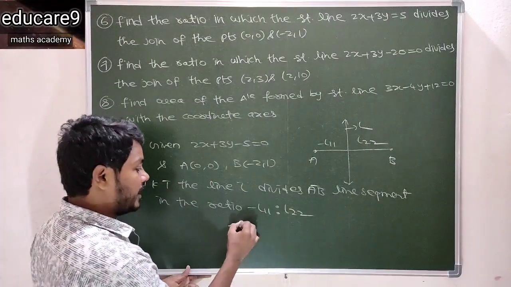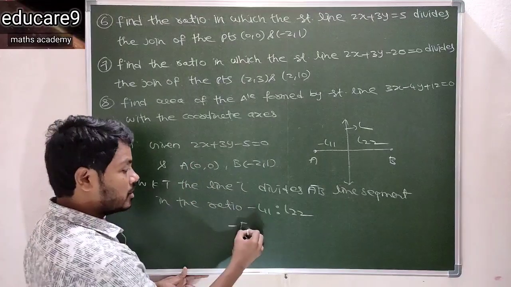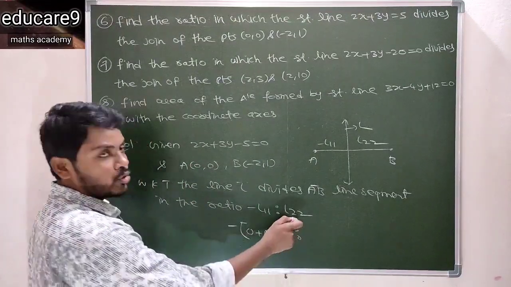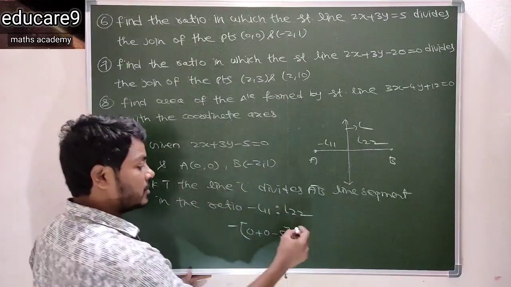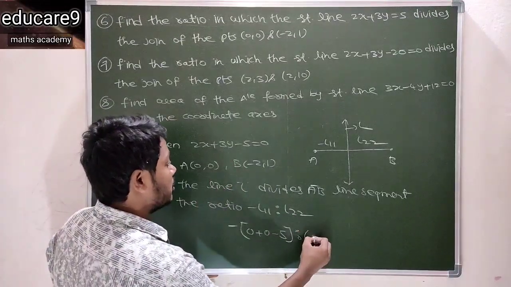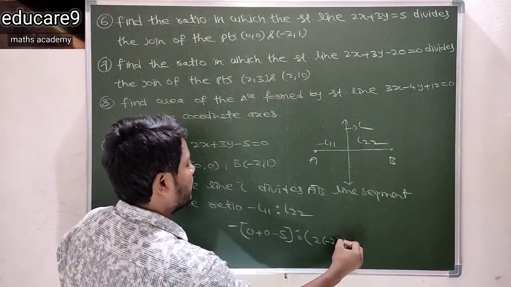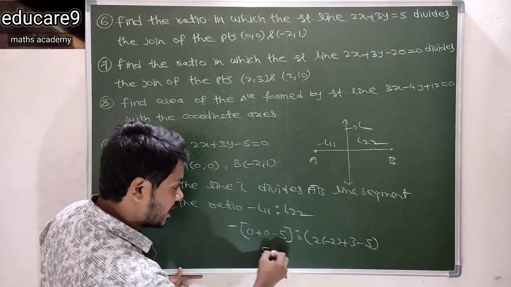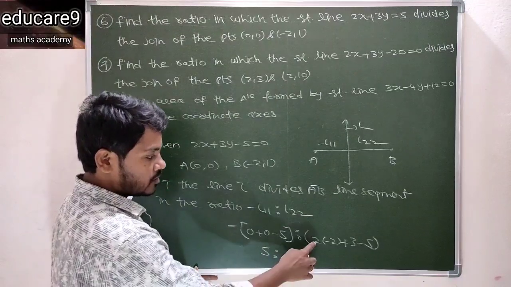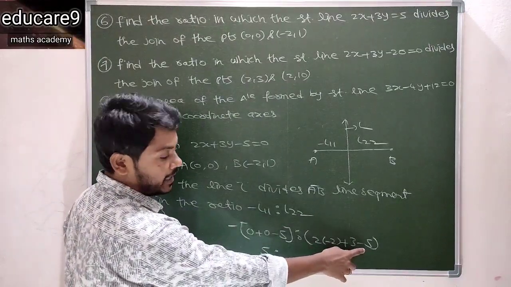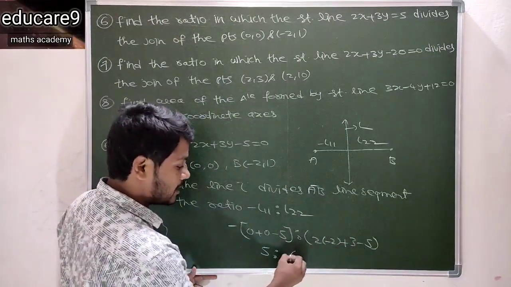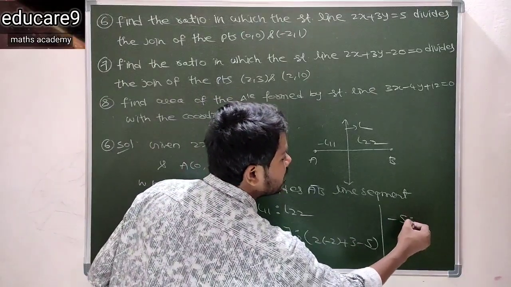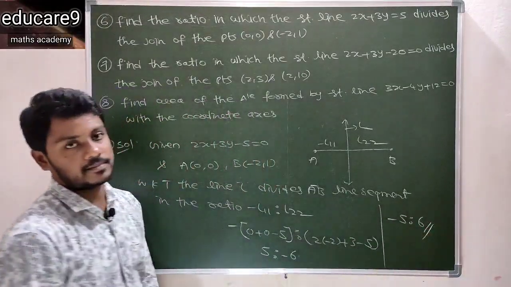So here, minus of, substitute here 0 plus 0 minus 5, is to L22, which means B lies on the line, that is 2 into minus 2 plus 3 minus 5. So clearly, minus 4 plus 3 minus 5, that is minus 6. So clearly the required ratio is minus 5 is to 6.